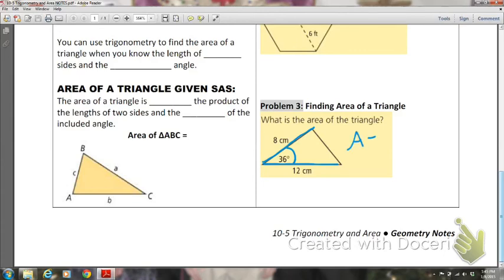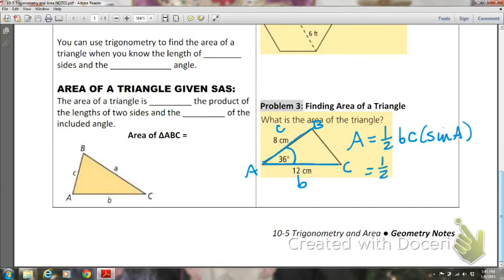So the area is going to be half of the product of the two sides that we know times the sine of that included angle that's included in between them. So if I wanted to mark these, I would mark this triangle ABC, and the sides that we have are B and C. So plug that in the formula.